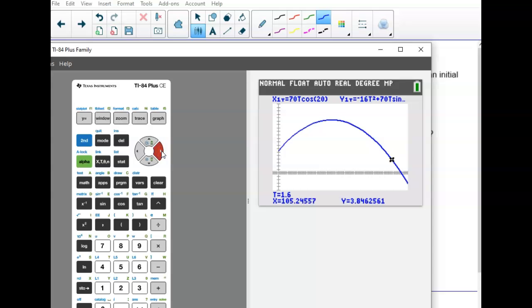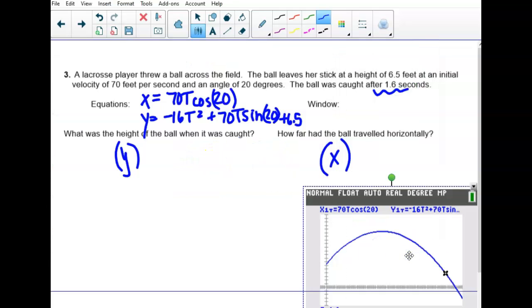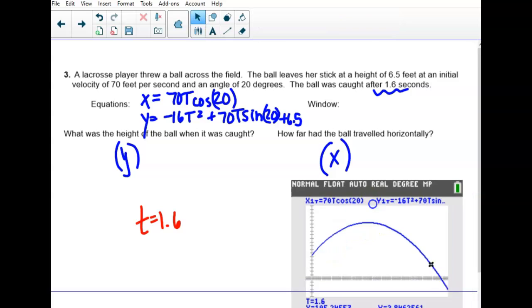I got that. Did someone else get that value? Or did I type something wrong? So at 1.6 seconds, I got that it was 105 what? Is the 105 horizontal or vertical distance, guys?